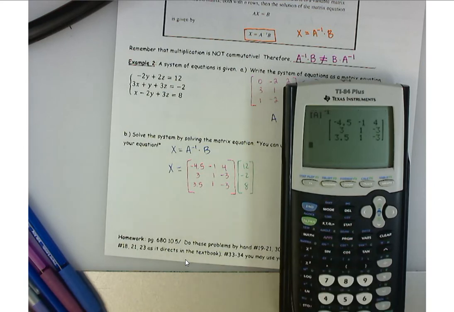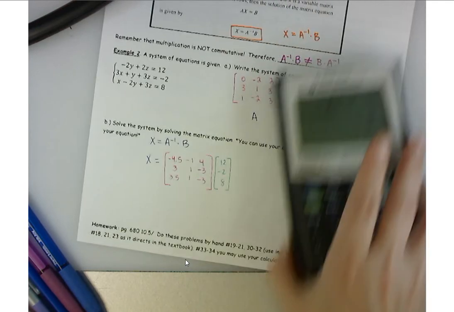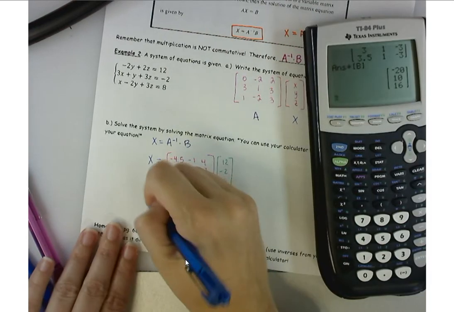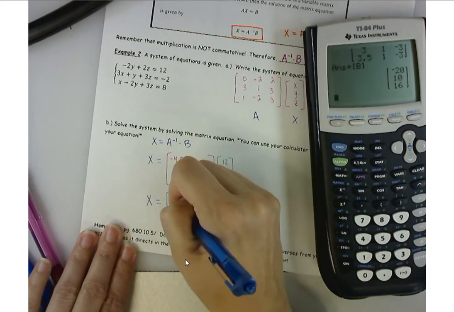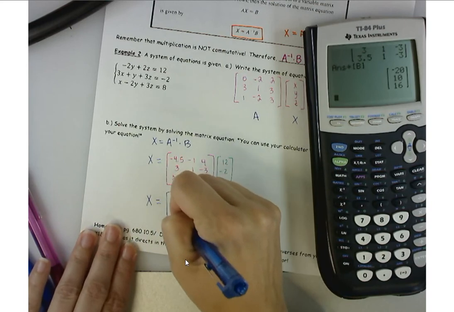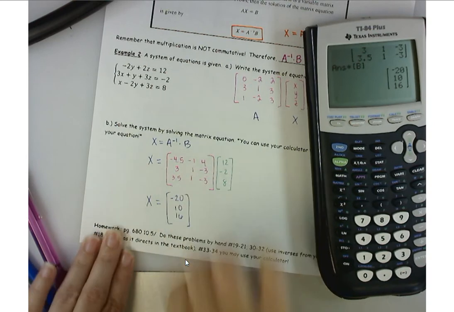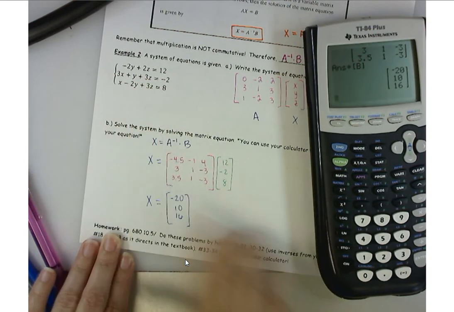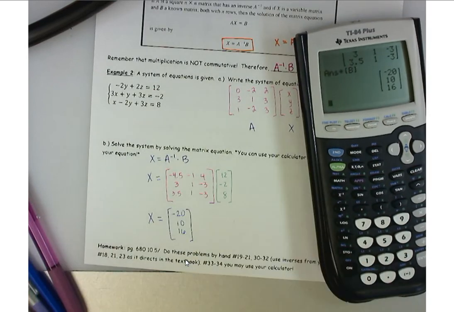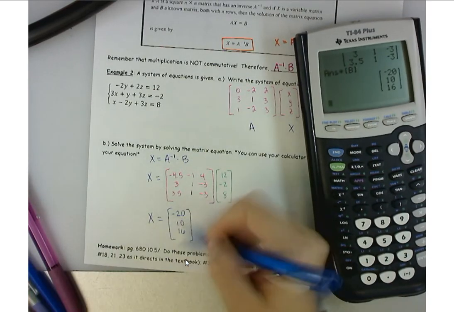And because I already have A inverse in there, I can just multiply by matrix B. So I'm going to go back to the matrix and select B. And that's going to give me my final answer. Okay, so then X is negative 20, 10, 16. And remember, you can always plug those back into your equations to make sure that that works. Okay, so this was your solution to the system.